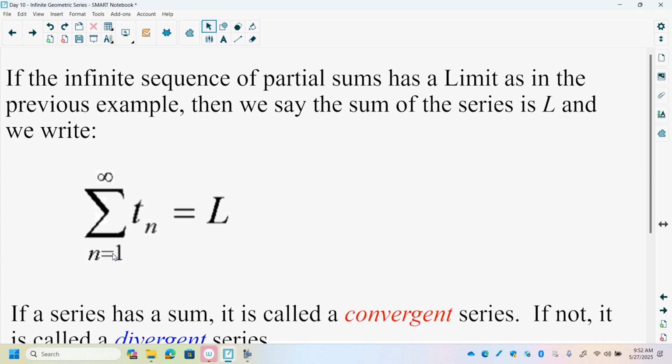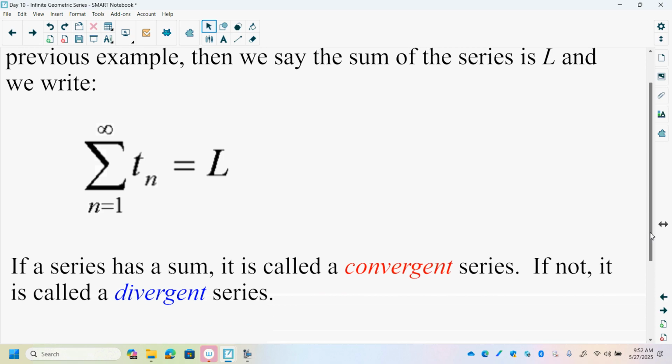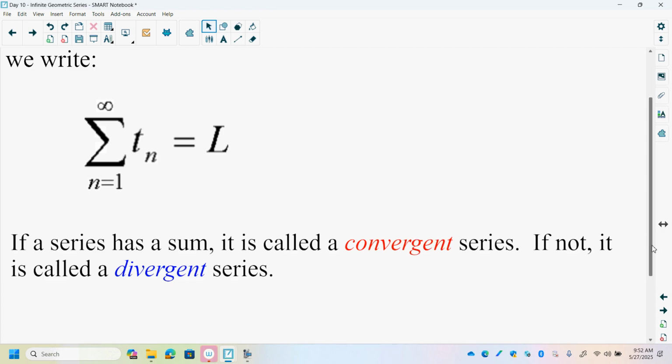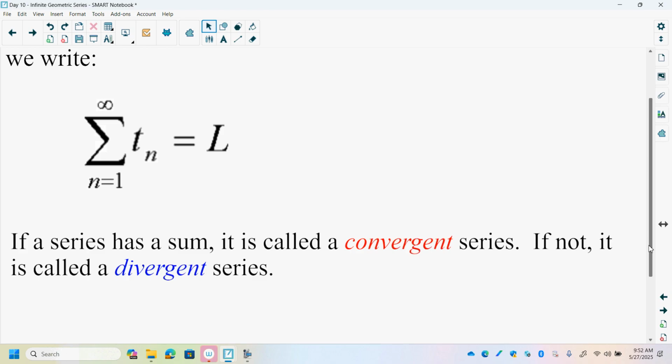And we're going from n equals 1 to what? Infinity. If a series has a sum, we say it's convergent. If it doesn't have a sum, it is divergent. So it's the same rules as yesterday. If it had a limit, it was convergent. If it didn't have a limit, it was divergent. If it has a sum, it's convergent. No sum, divergent.